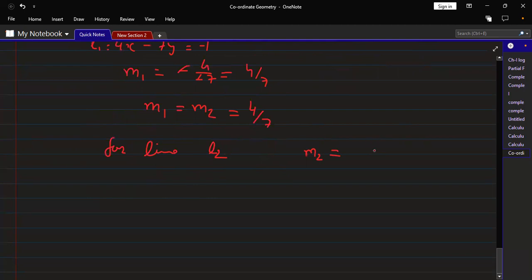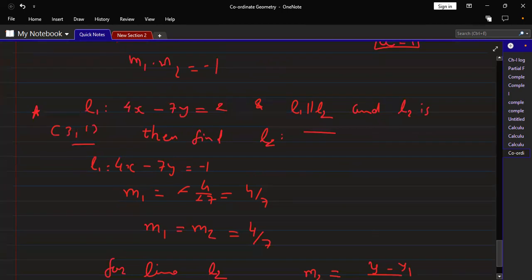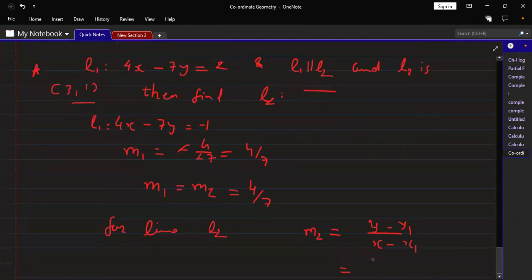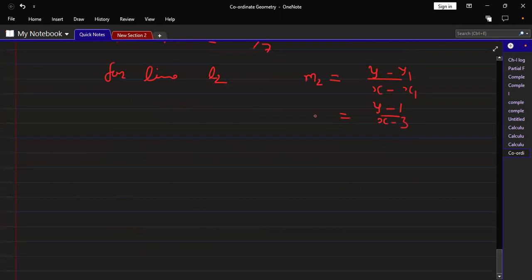We have one equation, that y minus y1 upon x minus x1. So we know that L2 is passing through this point. Which point? 3, 1. So y minus 1 upon x minus 3, and M2 is 4 upon 7.